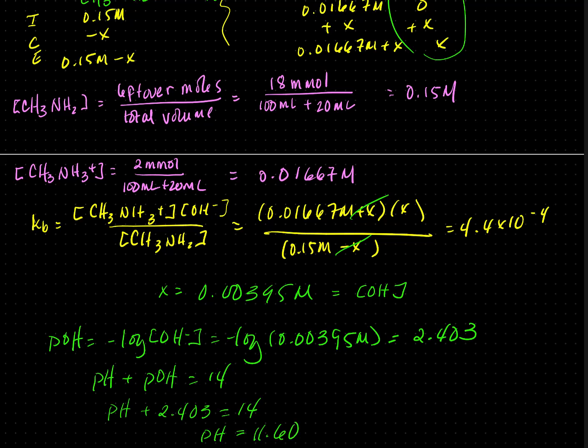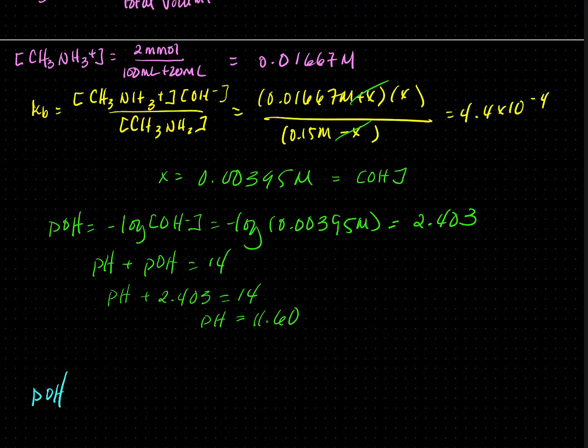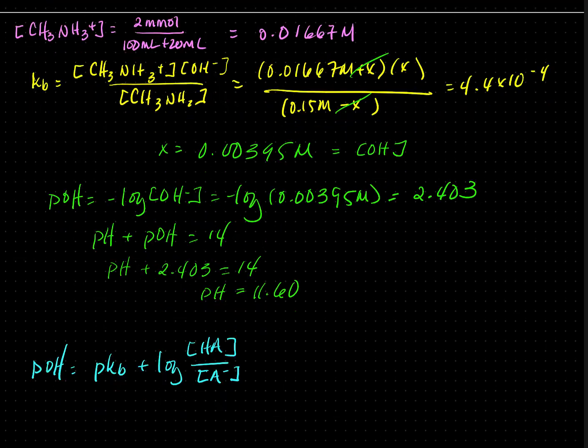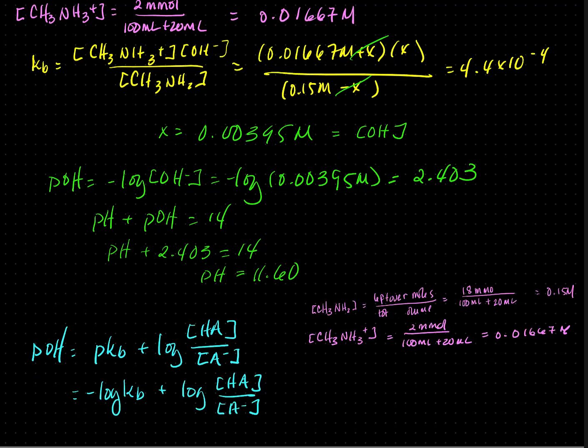The simpler way to do this is using the Henderson-Hasselbalch formula. pOH is pKb plus log of its conjugate acid over its base. pKb is the same thing as negative log of Kb. These two values I have on the side here, we calculated above when we were doing the ICE table.